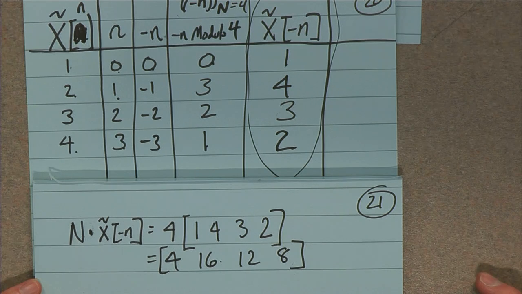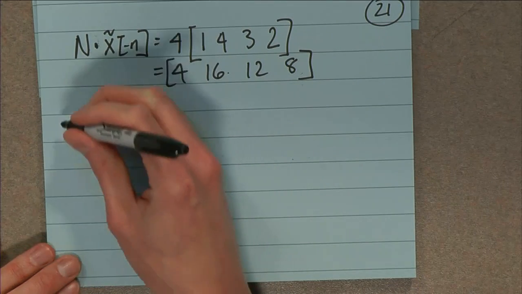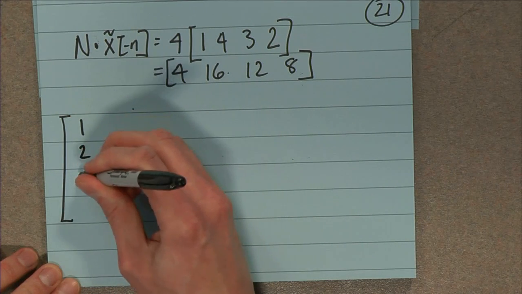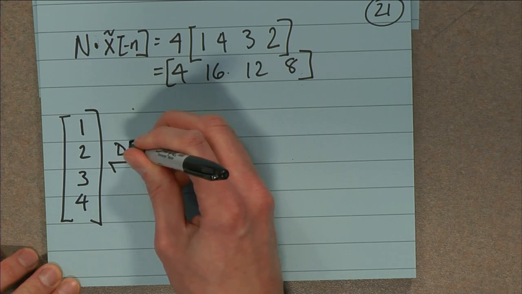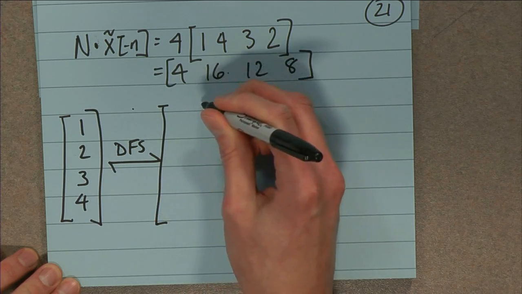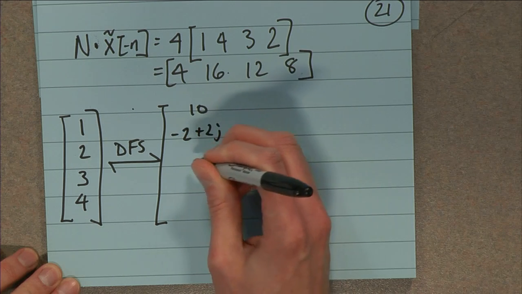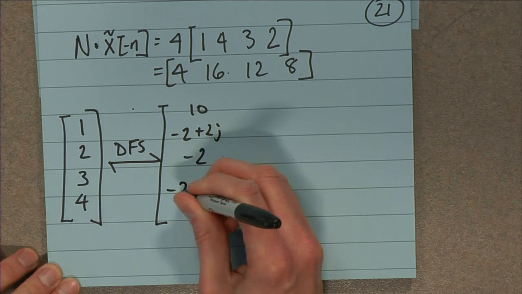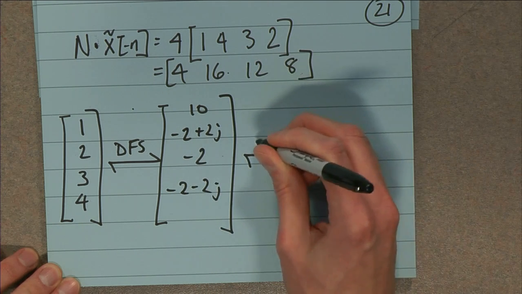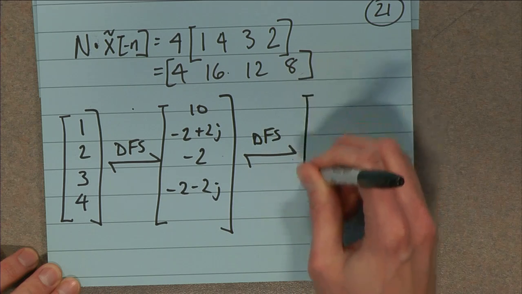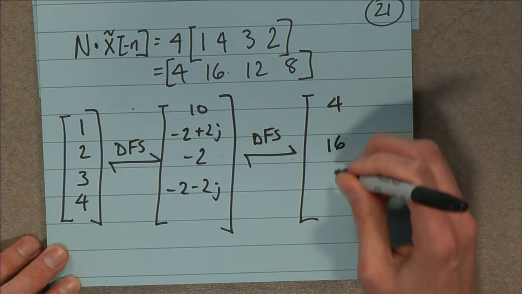So summarizing all this, let's put it all on one page. 1, 2, 3, 4. If we take the discrete Fourier series, we end up with 10 minus 2 plus 2j minus 2 minus 2 minus 2j. And if we take the discrete Fourier series of this, we end up with 4, 16, 12, 8.